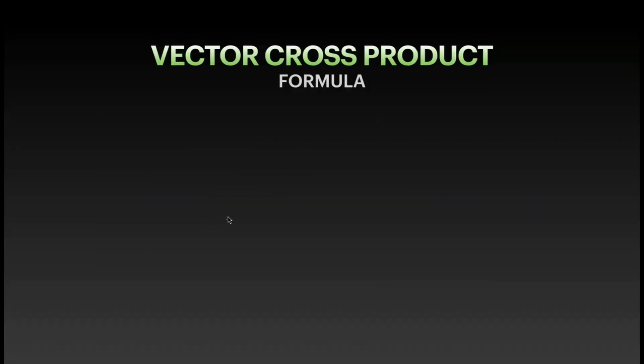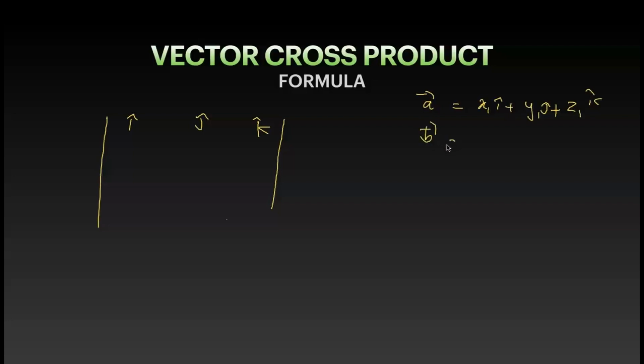Okay, we learned the determinant formula. Now, how do we calculate the cross product of two vectors? First, in the first row, you write i cap, j cap, k cap. Now, assume you have a vector A, which is x1 i cap, y1 j cap, z1 k cap, and B vector is x2 i cap, y2 j cap, z2 k cap.